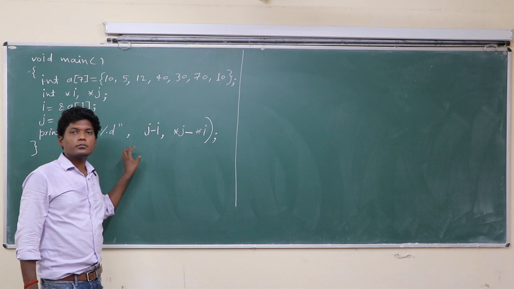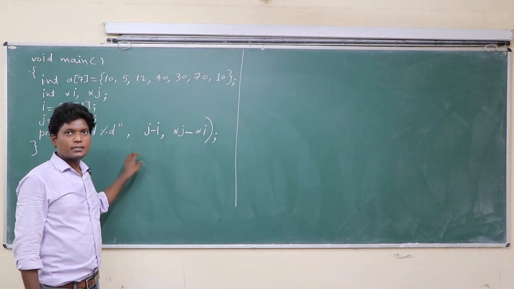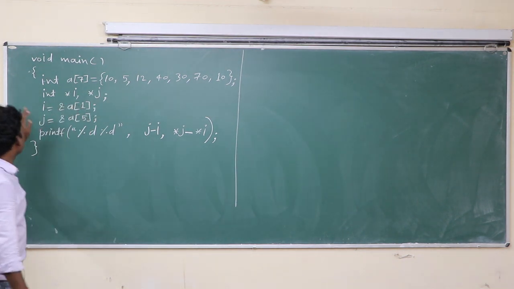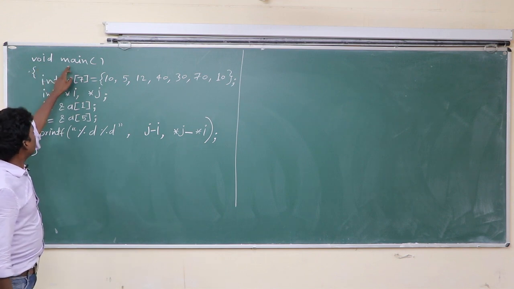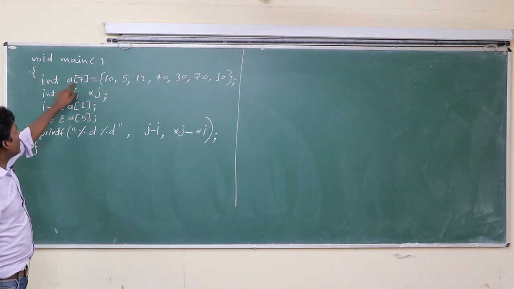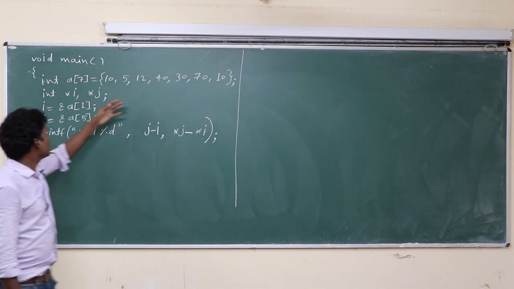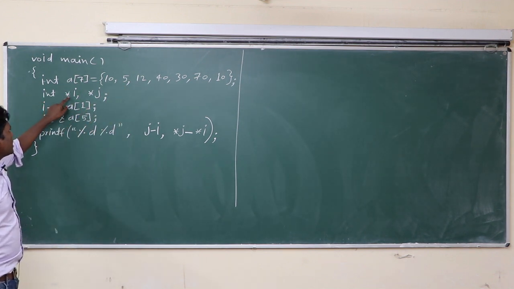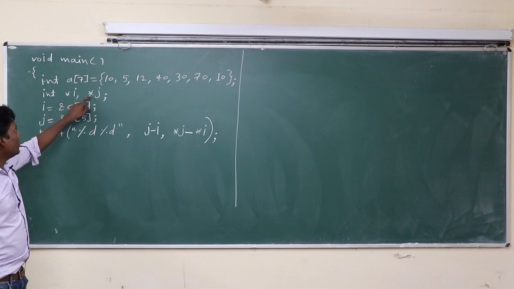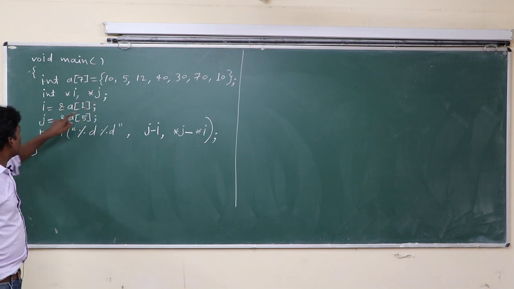This is a program on pointers and arrays. Here void main, int a of 7 equal to this. Okay class, int asterisk I comma asterisk j.